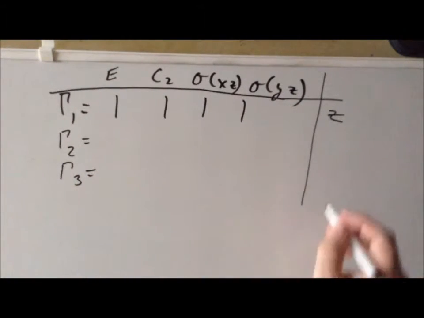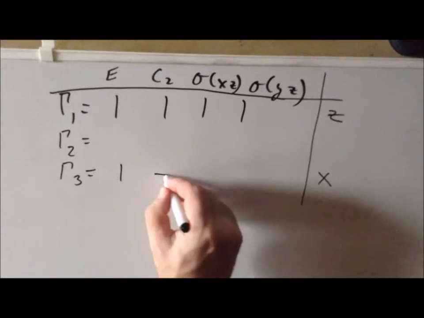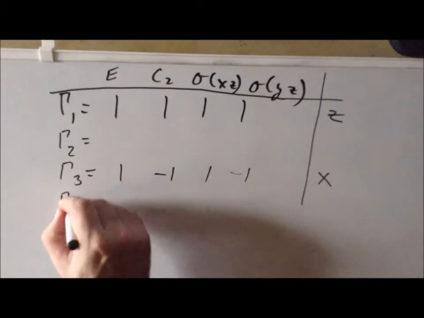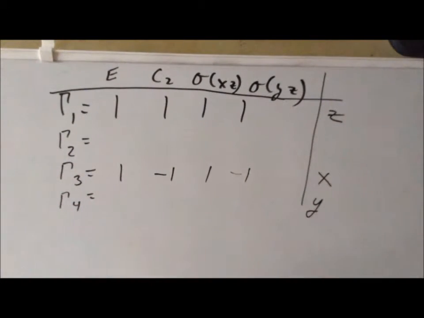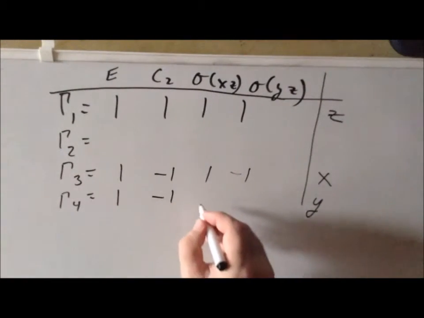And then the 4th one corresponds to the basis function y, and the characters are going to be 1, minus 1, minus 1, plus 1. So the question becomes, what are the characters for the 4th irreducible representation?